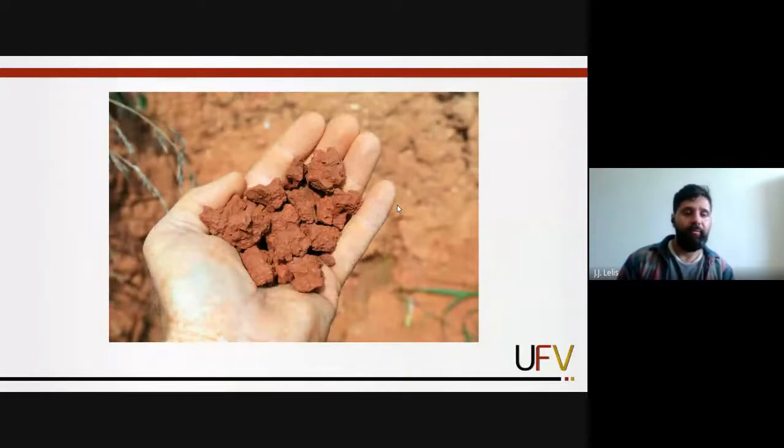So these surface features help us to understand how some soil processes act in that area.